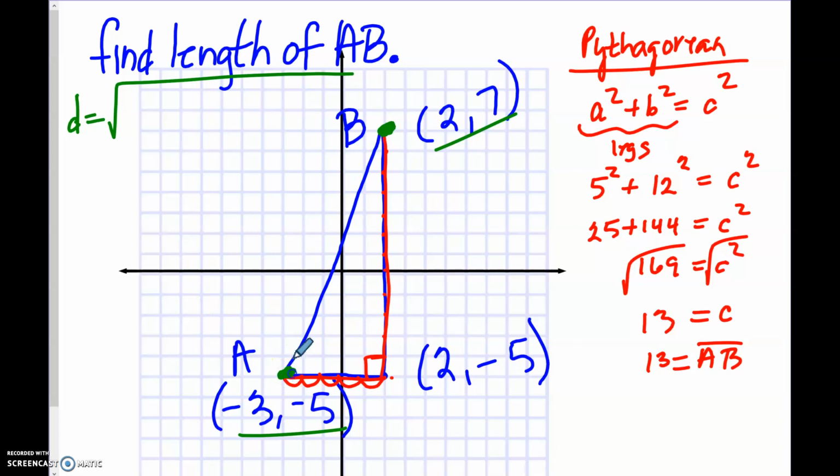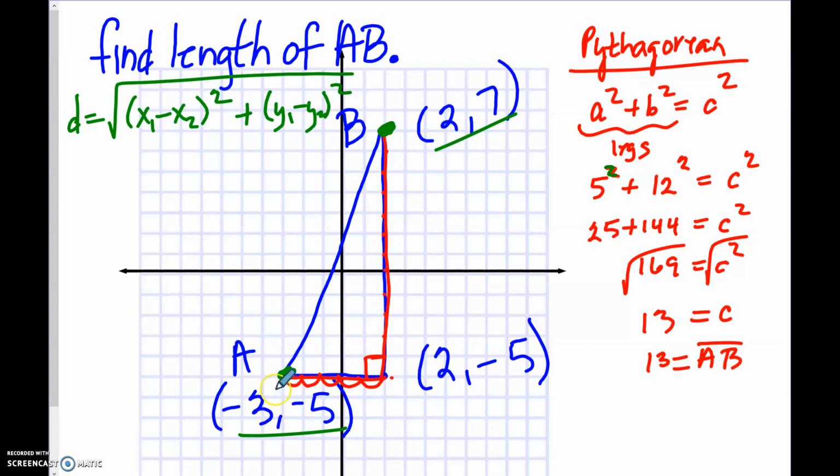Let's look at these two values right here. If we take the two x values, x1 and x2, subtract them and square it, because that's what we did right here, and then add that to the two y values subtracted and squared, let's see what we end up with.